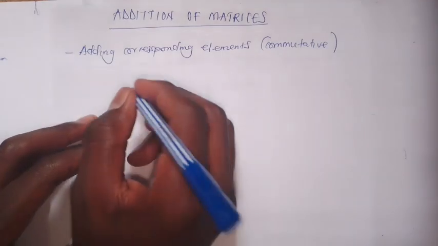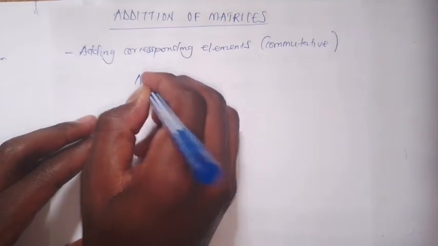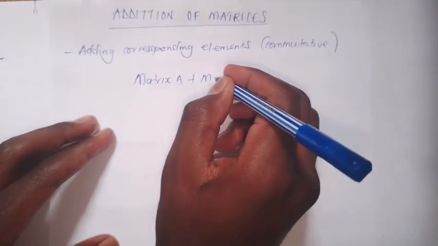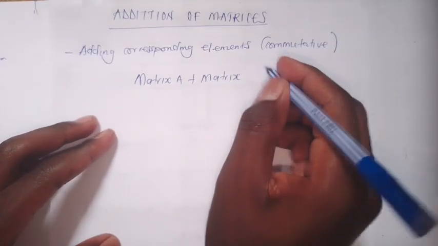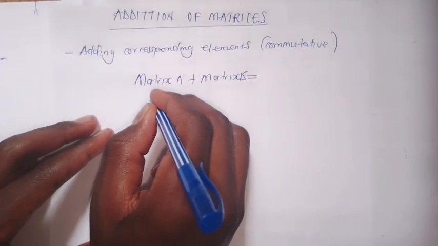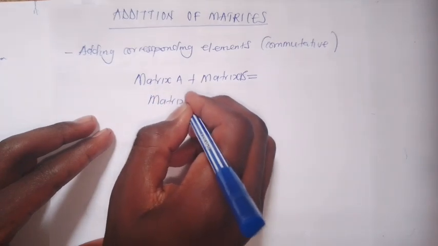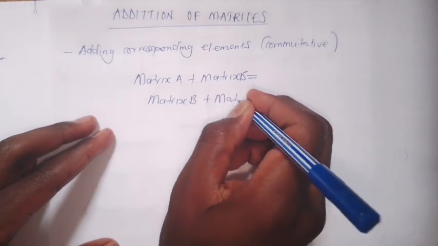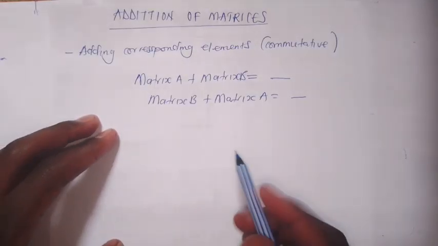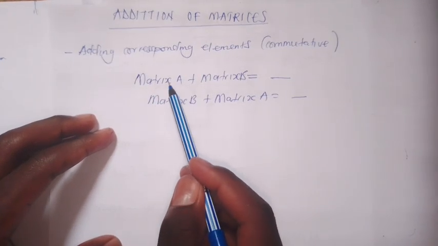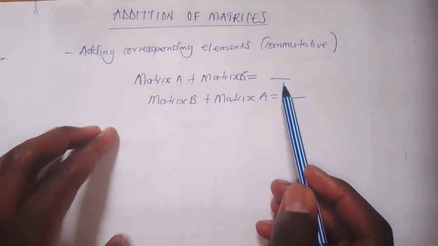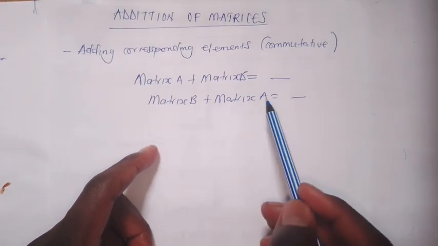This means that when we have matrix A plus matrix B, the answer we get is equal to when we start with matrix B plus matrix A. We get the same answer.